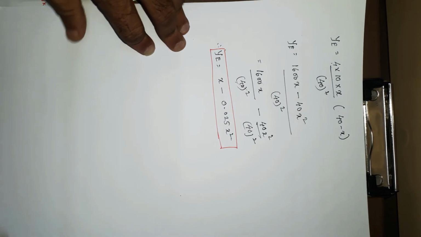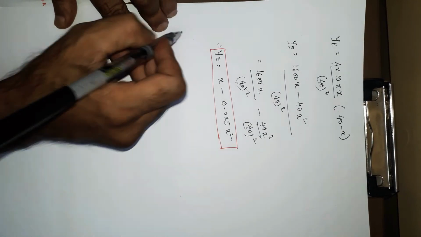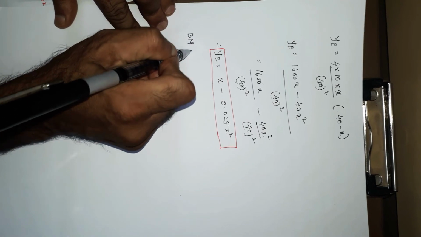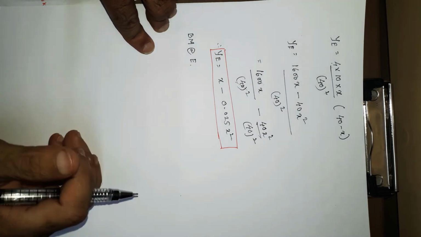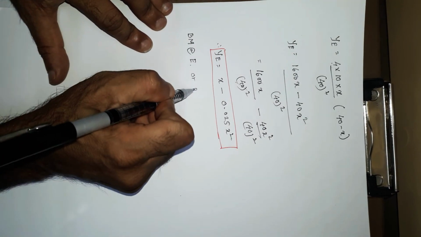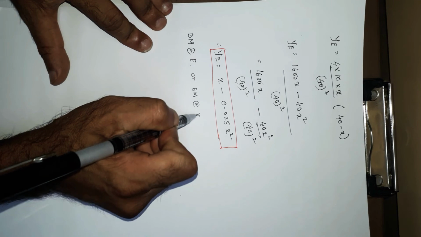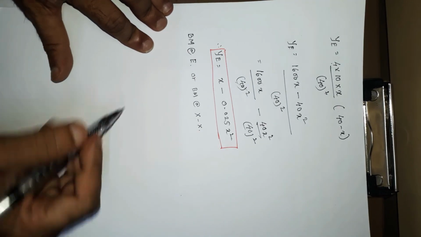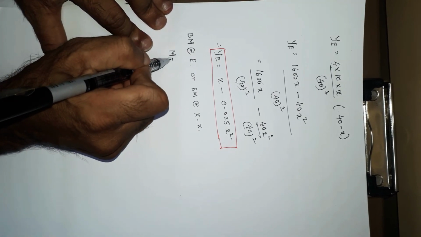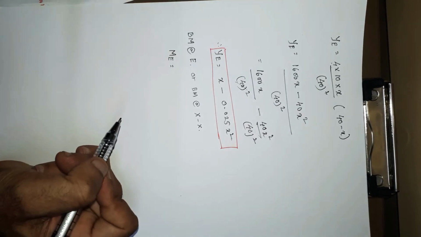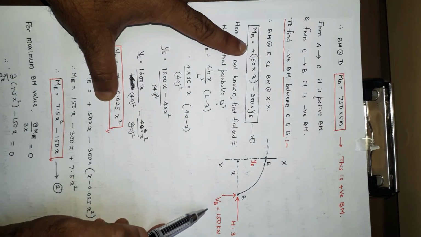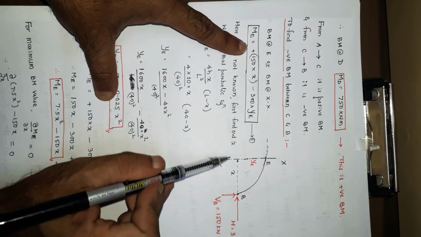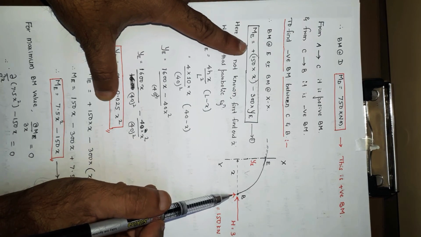Now you can calculate the bending moment at E, the bending moment at section XX. So bending moment at E is equal to, as per the figure, 150 into X. Again you have to see sagging or hogging.